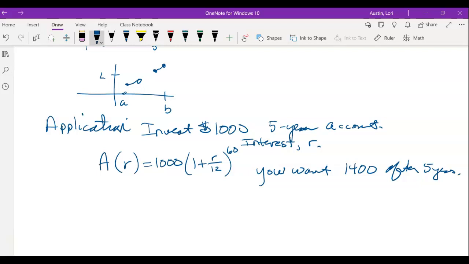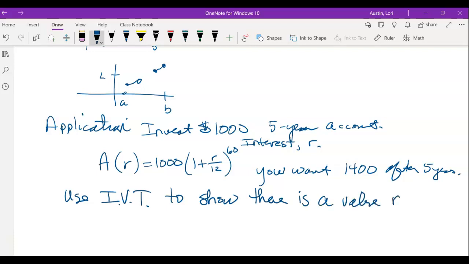I'm just trying to get the information without writing everything down. So what we're going to do is use the intermediate value theorem (IVT) to show there is a value R in the interval 0 to 0.08.